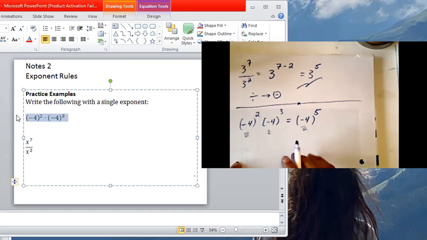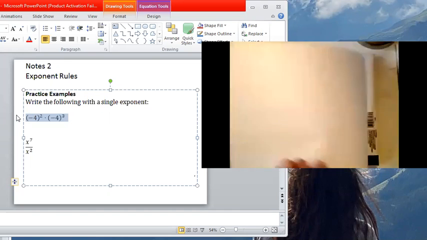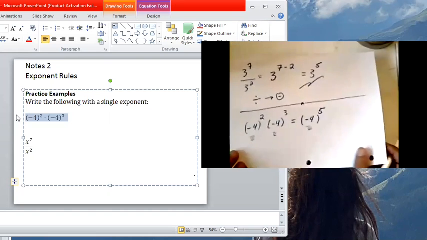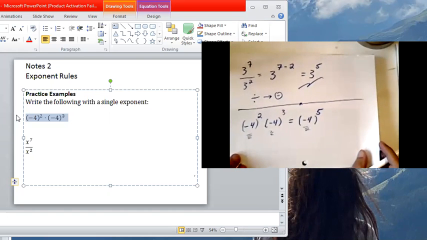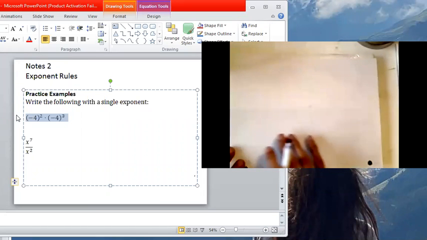Okay. The next one, I think. So the rule of this one, it's when we have the same base but the power is different, which is the top number is different. We do the second rule, divide, we subtract, right? Perfect. Same number, 2 rules, right?